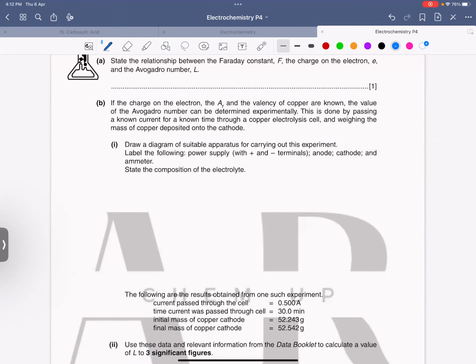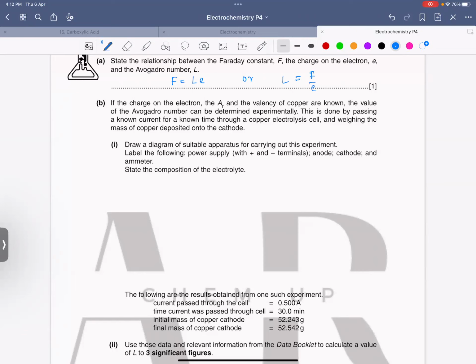I think the first part is easiest: F is equal to L times E, or L is equal to F over E.